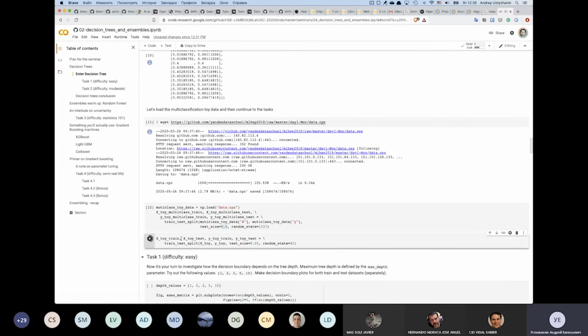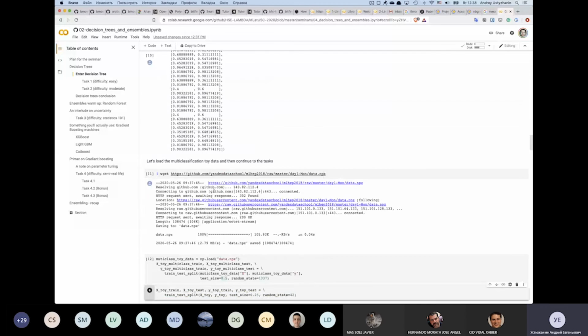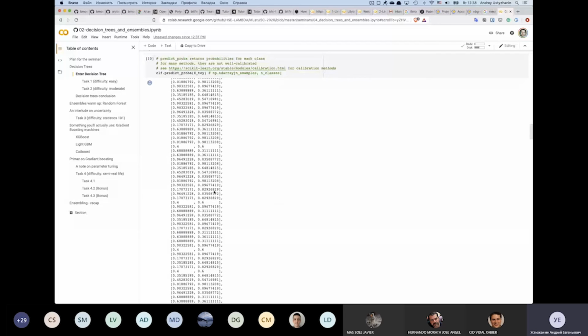Then we split X toy, Y toy. So those X toy, Y toy are just the data set that we created previously. So this one with the blobs from scikit-learn.